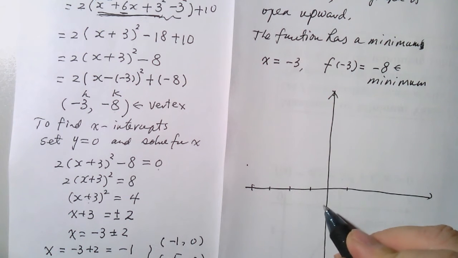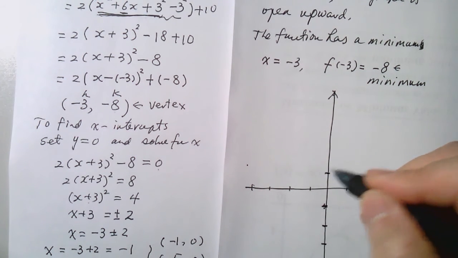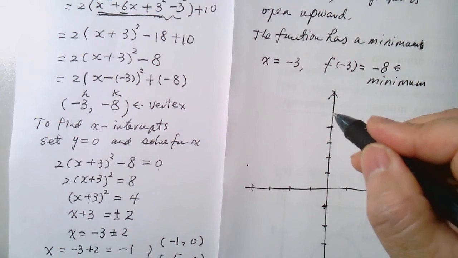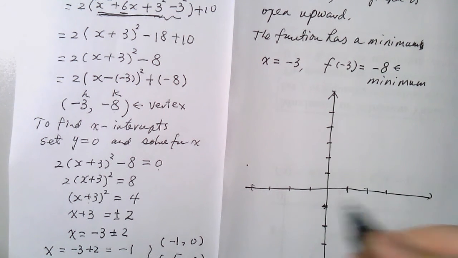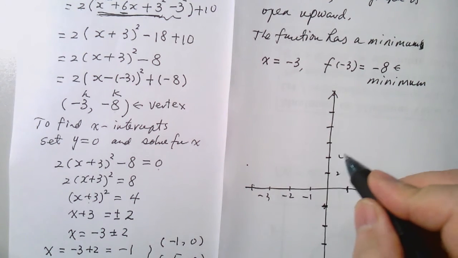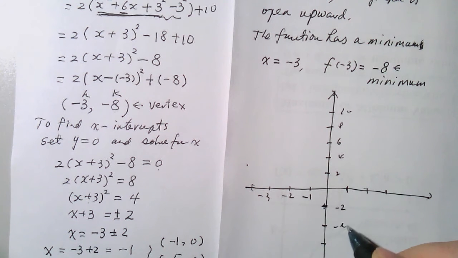Here I want to mark the axes: 2, 4, 6, 8, 10 going up, and negative 2, negative 4, negative 6, negative 8, negative 10 going down. This is negative 1, negative 2, negative 3 on the x-axis.